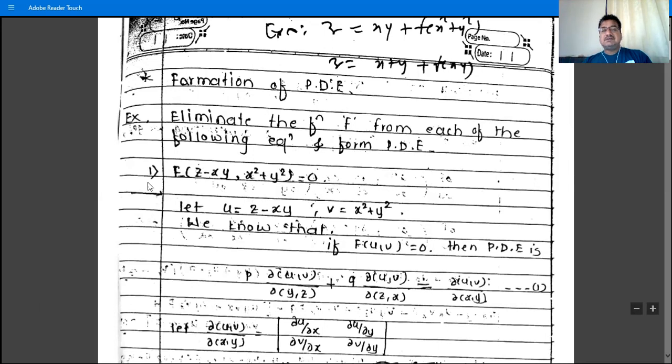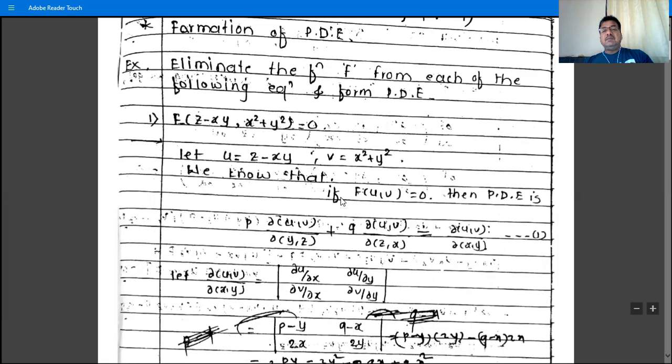The first example is f of z minus x into y, comma, x square plus y square is equal to 0. That is the equation of the form f of u, v is equal to 0. What is u? u is z minus xy, and x square plus y square is v.